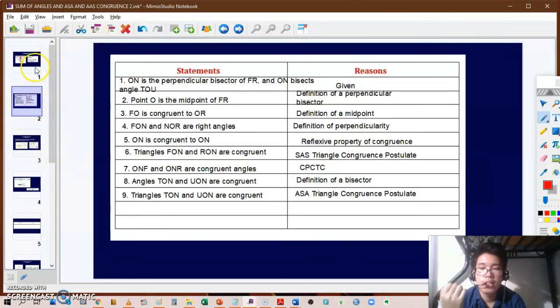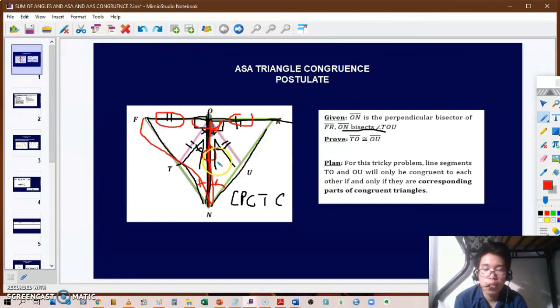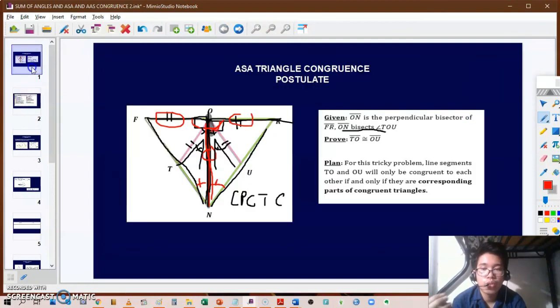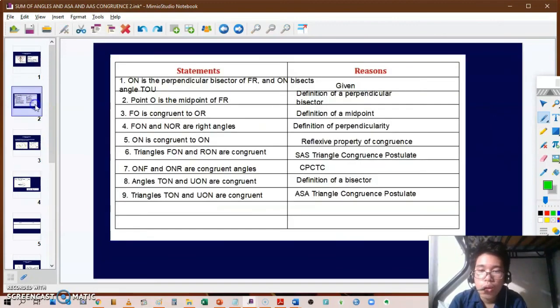And we have the side measurement, which is ON. So that's the ASA triangle congruence postulate: the angle, the side, and the angles here. Now we need to continue with our proof.